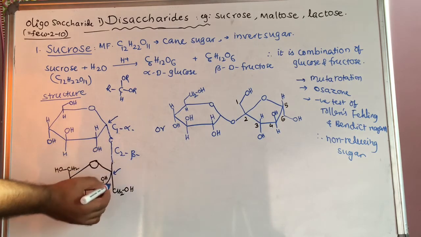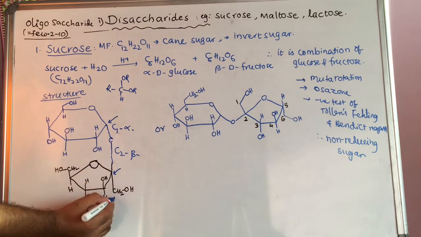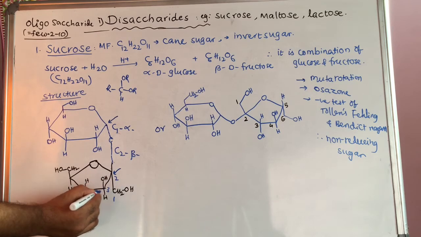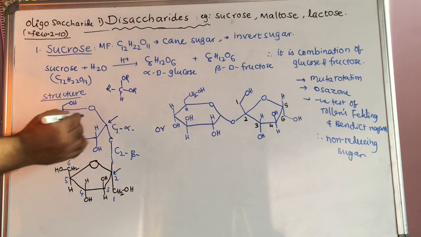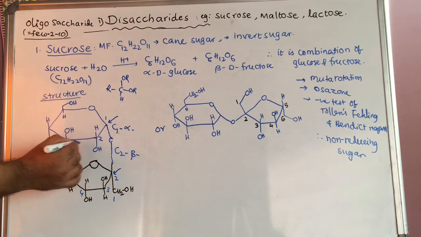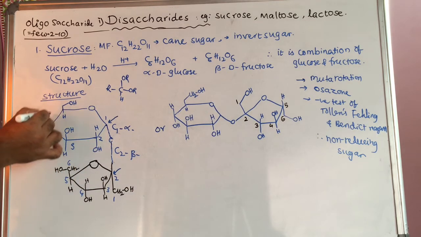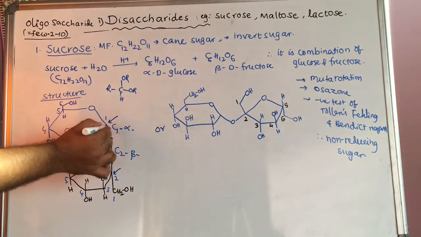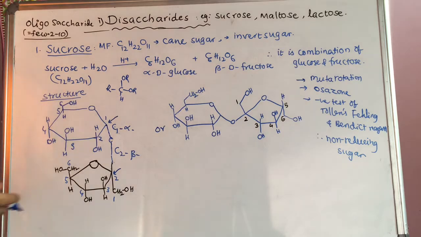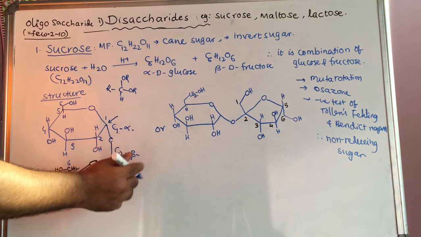C2 refers to the numbering: if you give 1, this is 2, 3, 4, 5, 6. This is 1, 2, 3, 4, 5, 6. So C1 has the alpha glycosidic linkage and C2 has the beta glycosidic linkage.